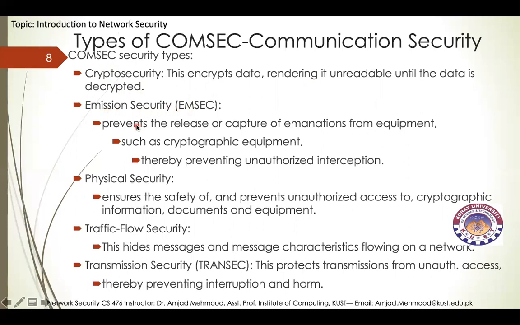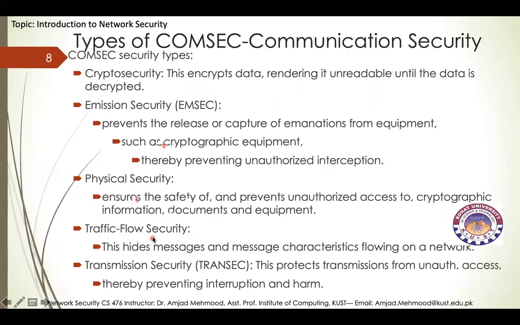Emission security prevents the release or capture of emanations from secure equipment such as cryptographic equipment, thereby preventing unauthorized interception. Physical security ensures the safety of, and prevents unauthorized access to, cryptographic information, documents and equipment.